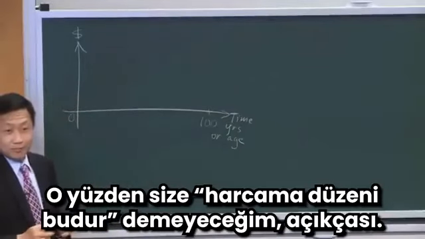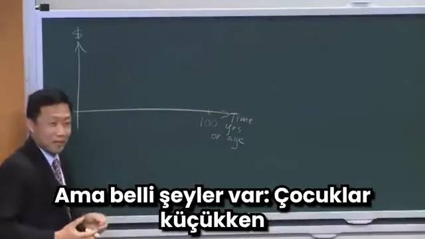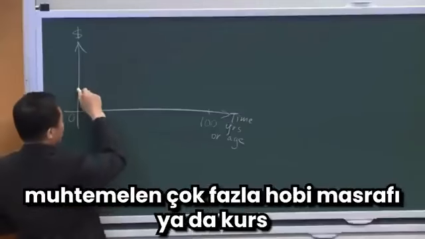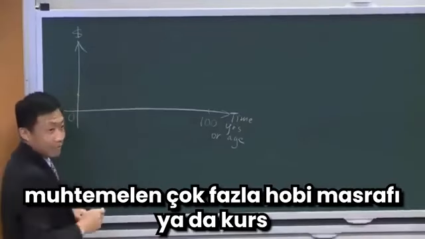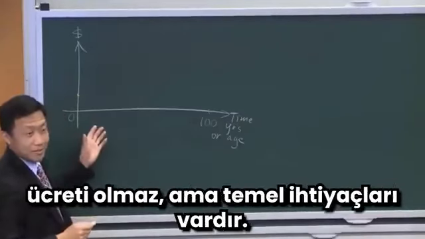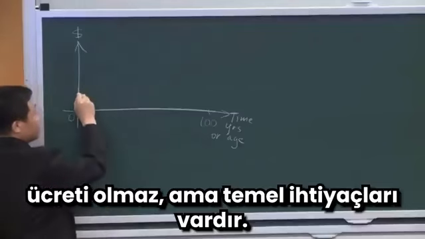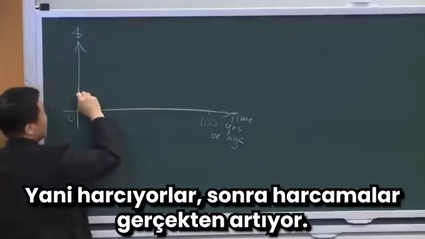Everyone's spending pattern is different, so I'm not going to tell you this is the spending pattern. Obviously, when kids are young, they probably don't have a lot of hobbies or tuition, but they have some basic needs. So they spend.